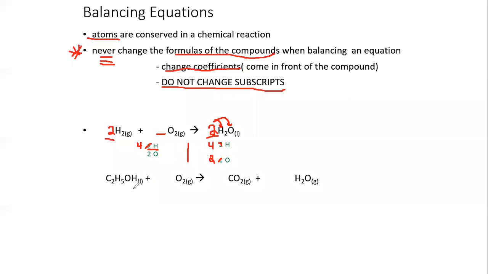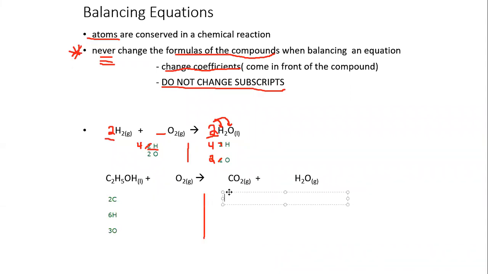Now if we go to the next equation, we have C2H5OH plus O2 gives us CO2 and H2O. So we're going to determine the number of each type of element on both sides of the equation. So we got 2 carbon, 6 hydrogen, 3 oxygen.